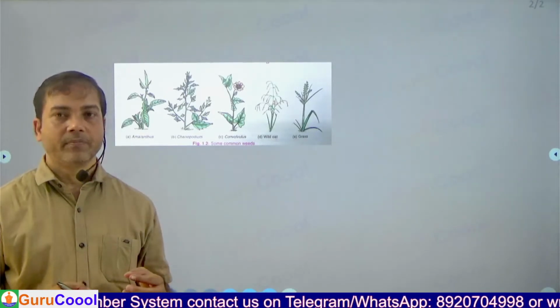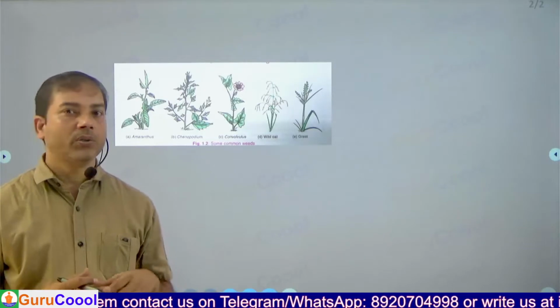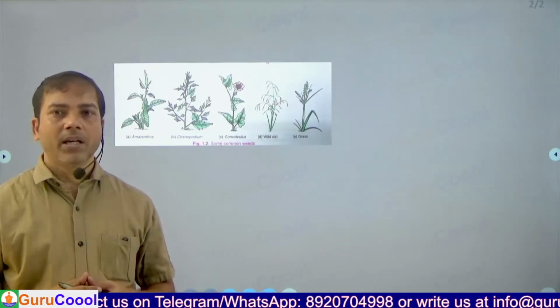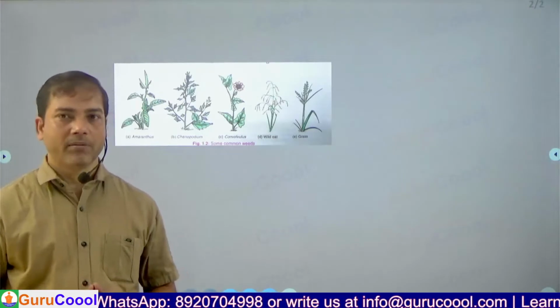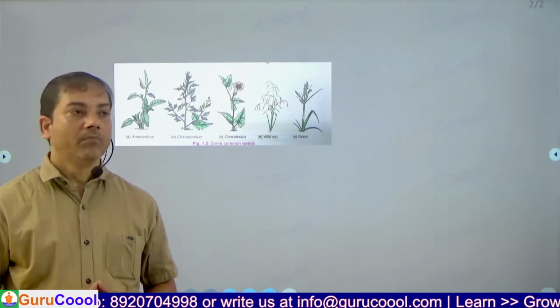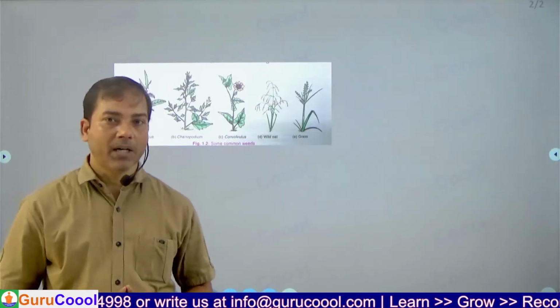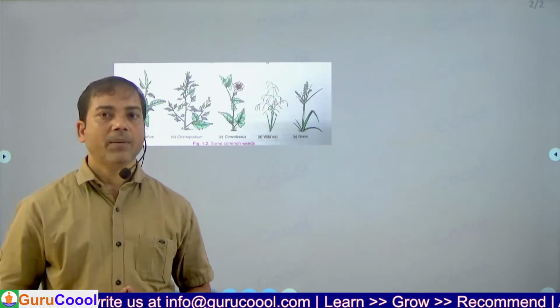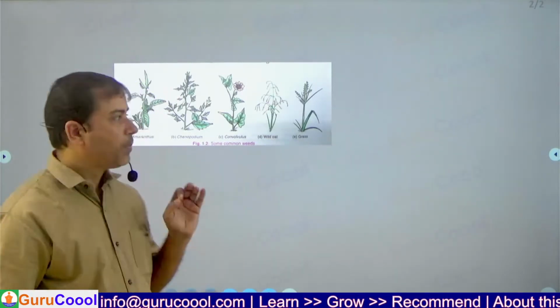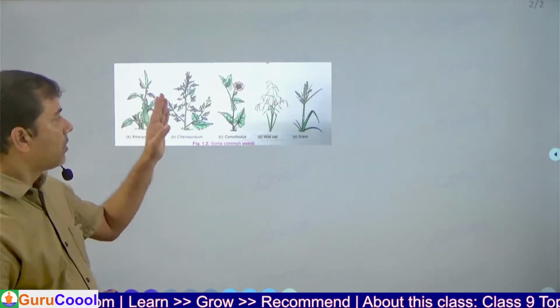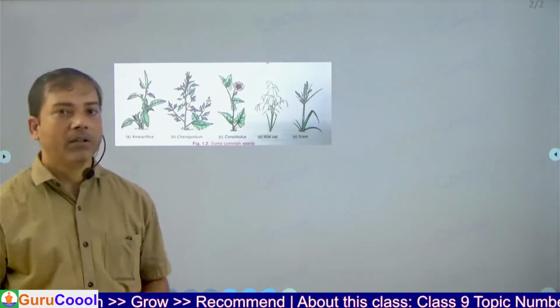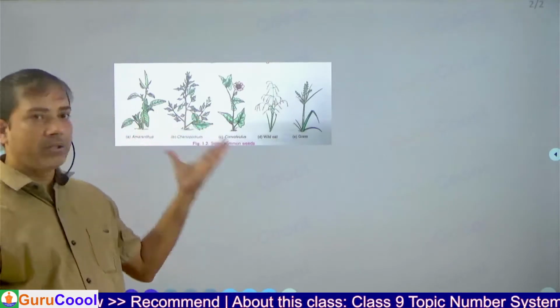Yes, sir. So many farmers don't want to spray such chemicals. They anyhow try to remove them without chemicals. Okay, sir. But there are chemicals available in the market. Some types of chemicals are specifically for this type of unwanted plant, for this one, for this one, or for this one, or for two of them, for three of them.